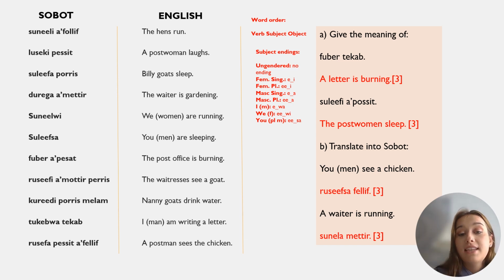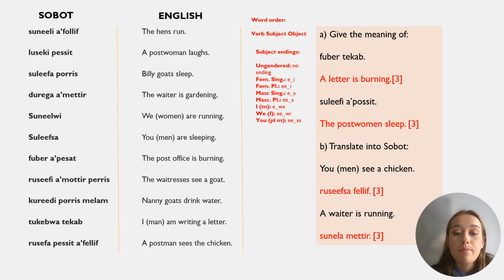But what we can identify is there's also a difference between, for example, a feminine singular and a feminine plural, and a masculine singular and a masculine plural. And then there's also a different subject ending for "I," "we," and "you."